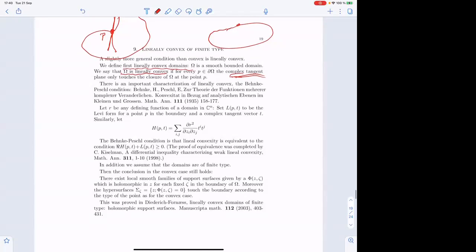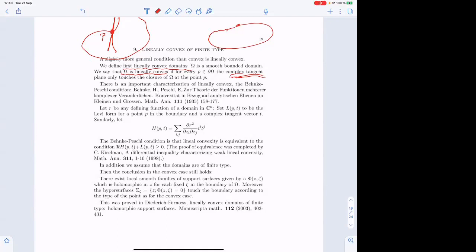And so since we are focused on complex support surfaces, that's not so bad, because the complex tangent planes give rise to a function phi of zeta, z as before, as for the convex case. And the question again now is the order of tangency, that might be terrible. And then one has to worry about that.